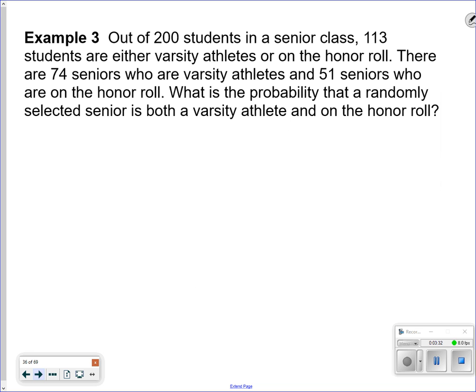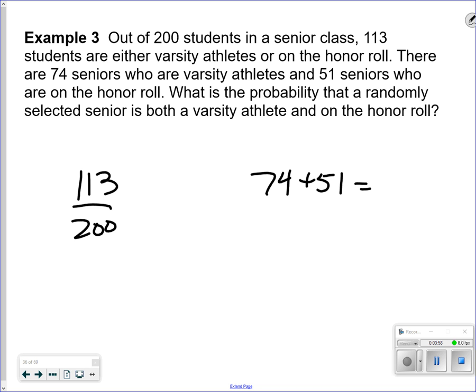Out of 200 students in the senior class, 113 students are either varsity athletes or on the honor roll. So that's the addition of both. So 113 out of the 200 are either a varsity athlete or on the honor roll, but they could be in both. Notice there are 74 seniors that are varsity athletes, and there are 51 seniors that are on the honor roll, which makes 125 students.